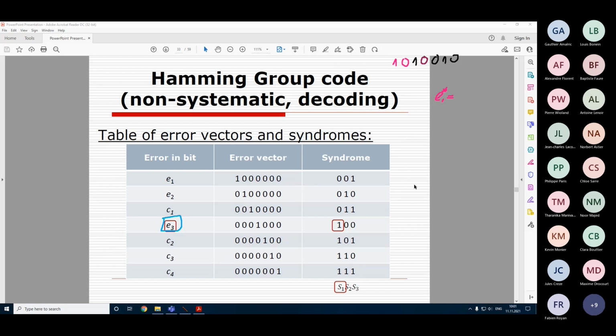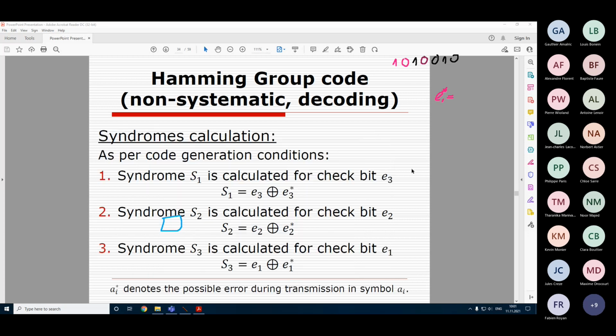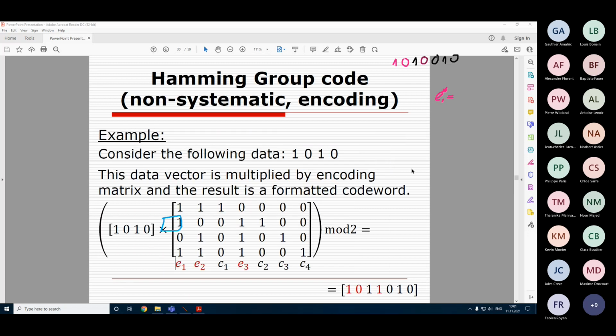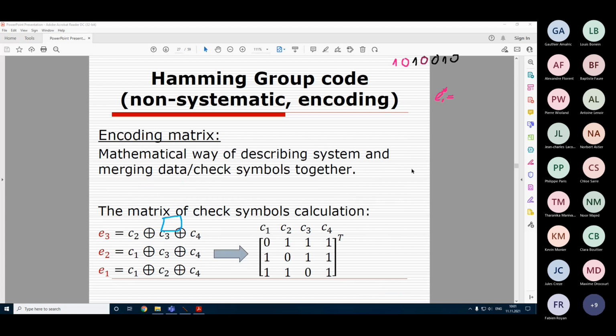Because it doesn't matter, because for 1, 1, 1, we would get different E symbols, and then I would be unaware what went wrong, where I have made an error. So it's important to actually match control symbols and information symbols. So okay, now C1 is 1, C2 is 0, and C4 is 0. So E1 should be, yes, 1.